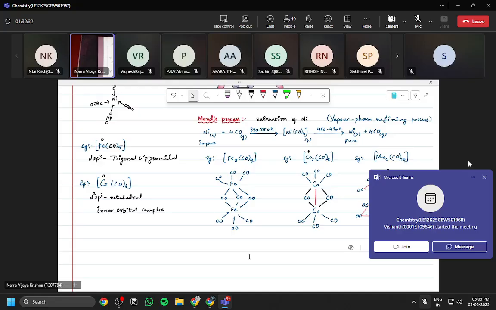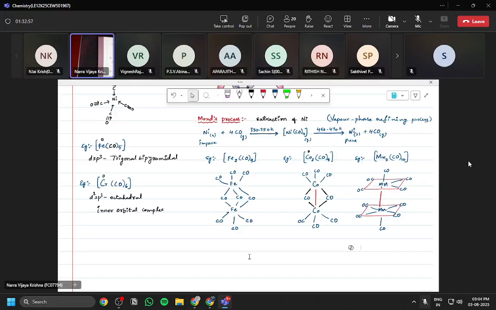Five ligands are approaching. If you calculate effective atomic number, then there will be a problem. When you calculate effective atomic number, what do I have to calculate? Atomic number of manganese 25, minus 0, plus 10. And here also these two electrons are counted along with manganese. This manganese's unpaired electron and that manganese's unpaired electron are both shared by both manganese. Are you able to understand?